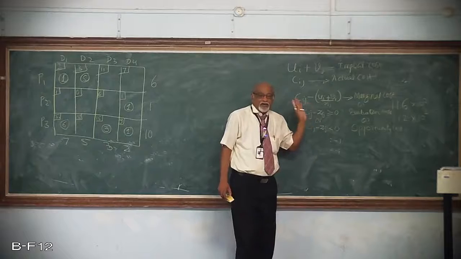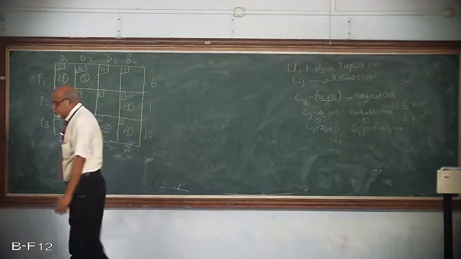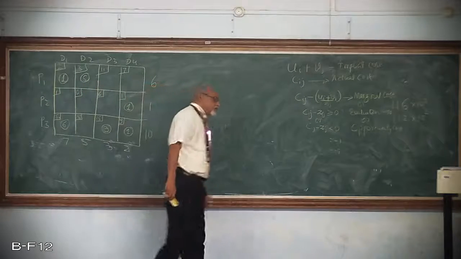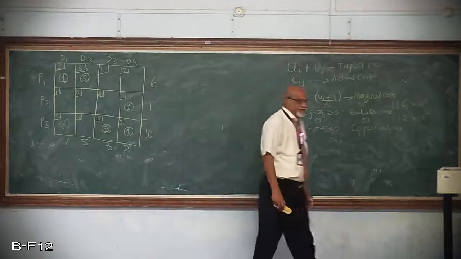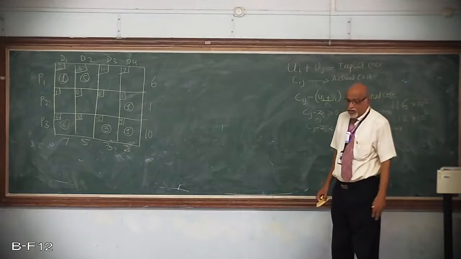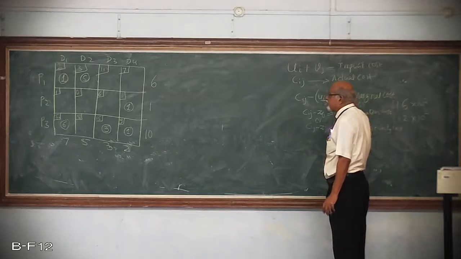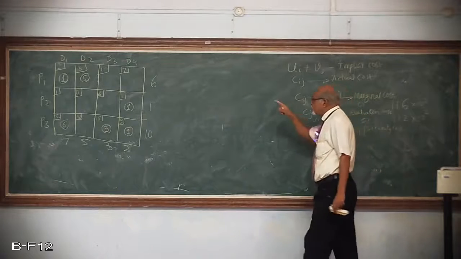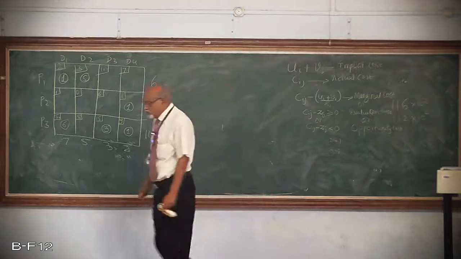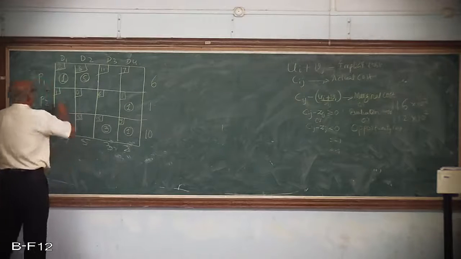Ui values are row coefficients or row variables, and Vj are column coefficients or column variables. Both are called dual variables. So now we need to find out Ui and Vj values. How to find them? That is the crux of this.